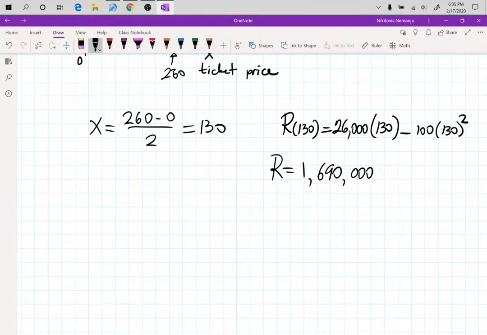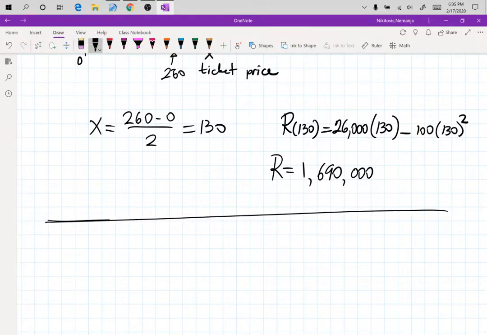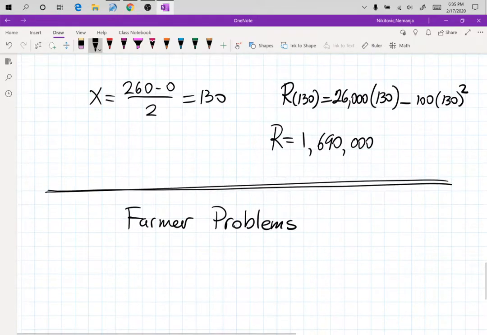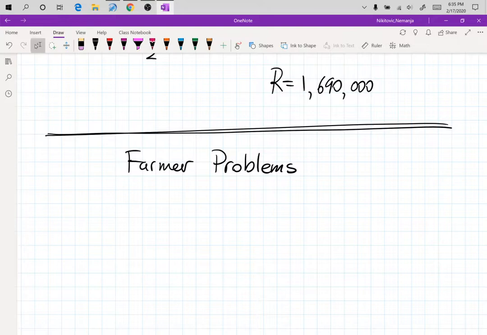Another batch of very popular problems that will definitely be there in calculus courses are the famous farmer's problems. The text goes this way.